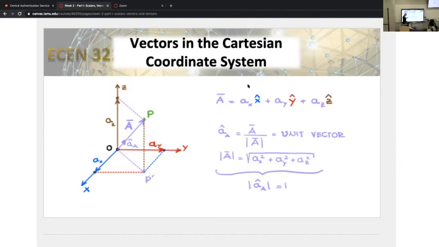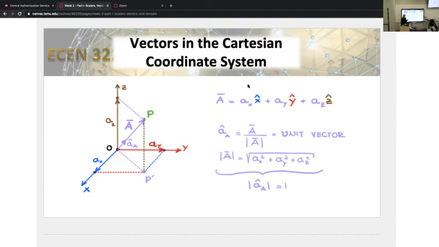Okay, this vector here has a projection, you see? We call point P prime the projection of point P on the XY plane. And similarly, you may have projections on the other planes for a vector like that. So we call it P prime, and that is vertical, parallel to Z, obviously. Now, we talked about the unit vector, which is practically this little vector here that only has a direction, and its magnitude is 1.